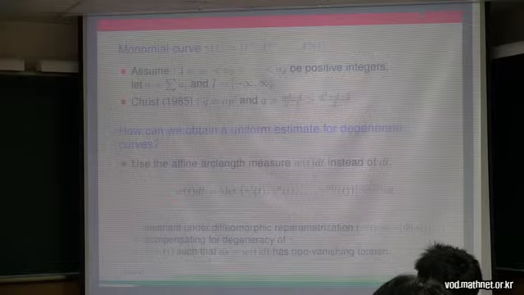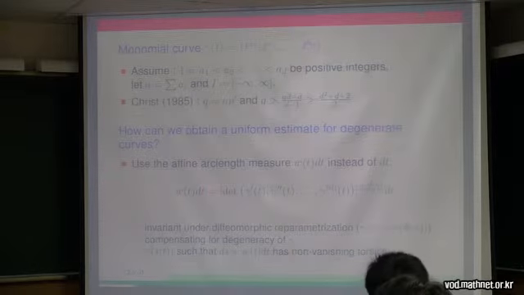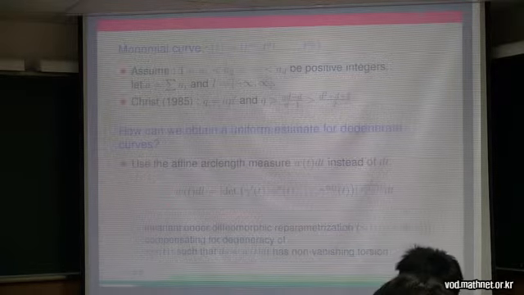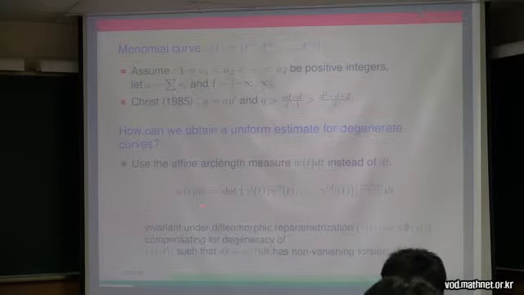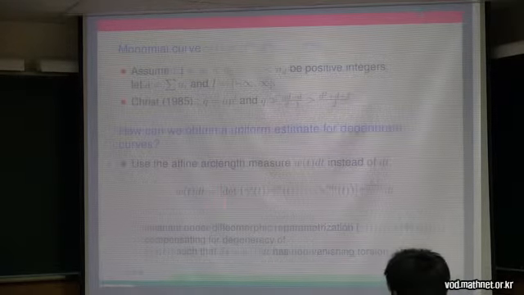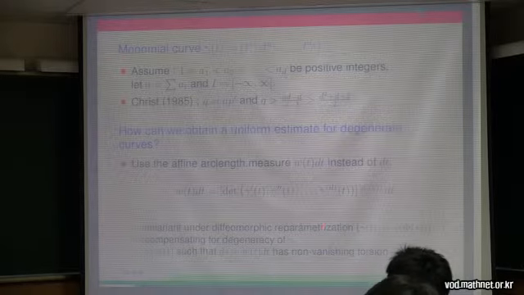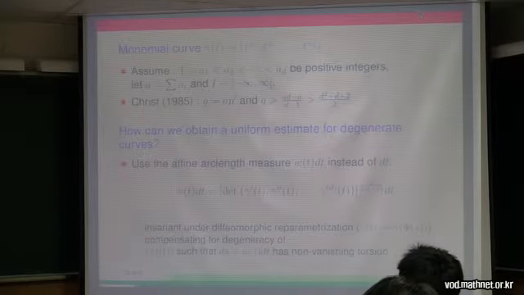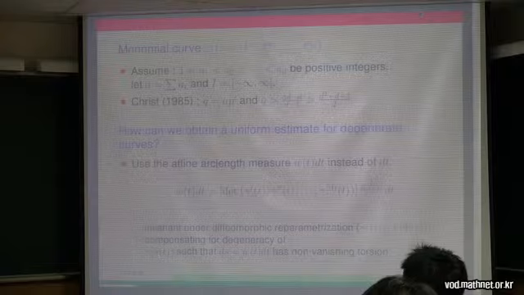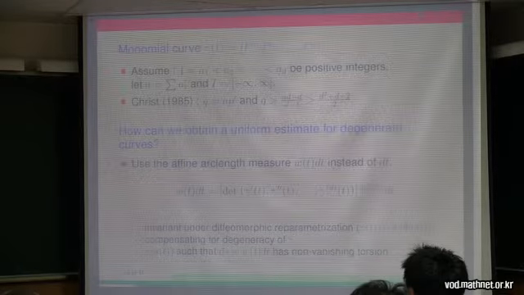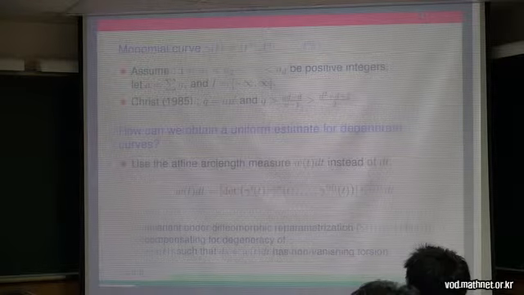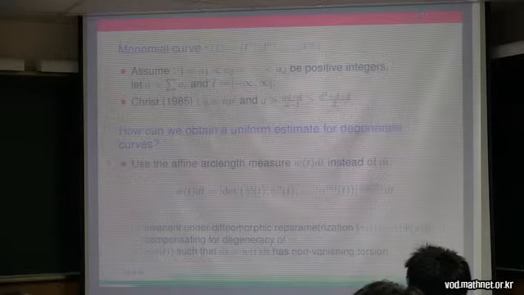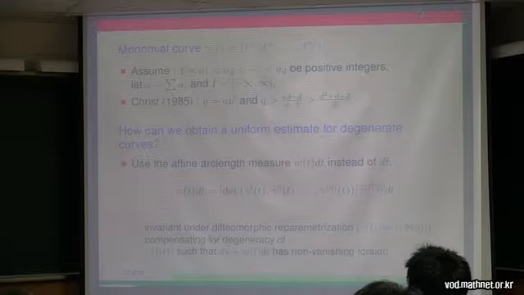Actually the affine arclength measure is invariant under diffeomorphic reparametrization, and this measure compensates for the degeneracy of gamma, because degeneracy means the torsion of gamma vanishes, but at the point where the torsion vanishes, this affine arclength measure also vanishes.